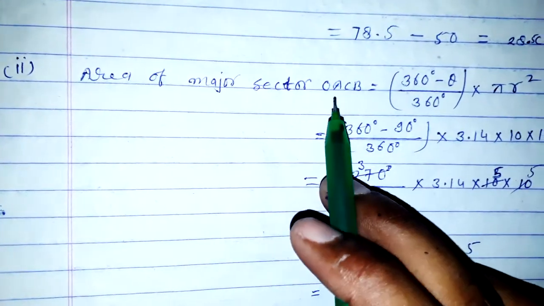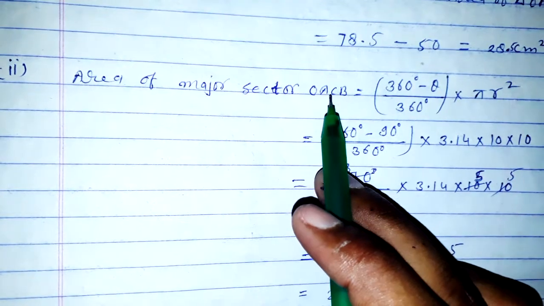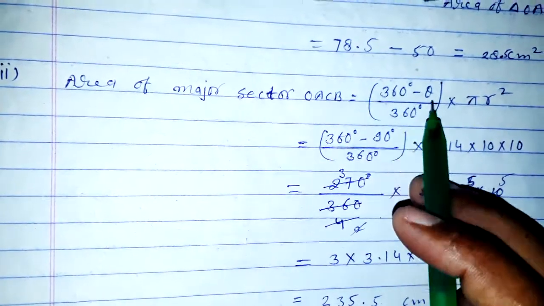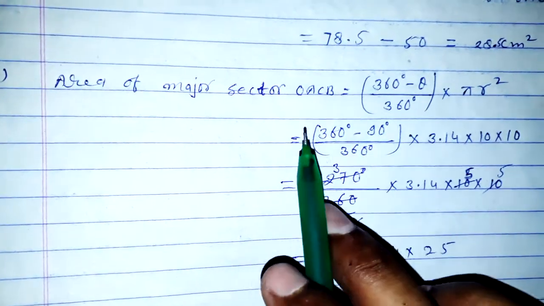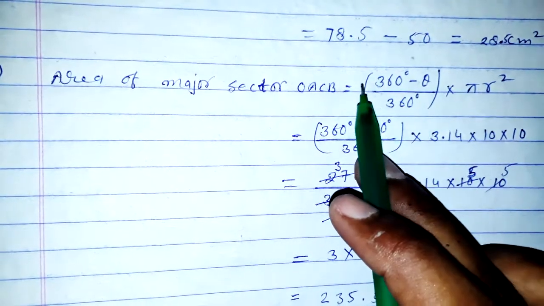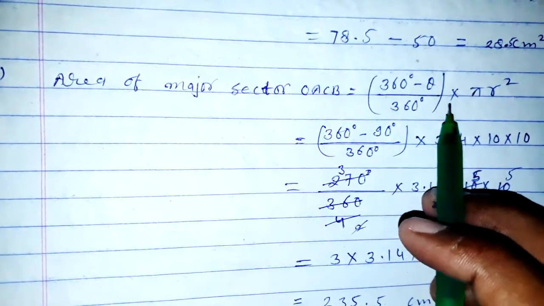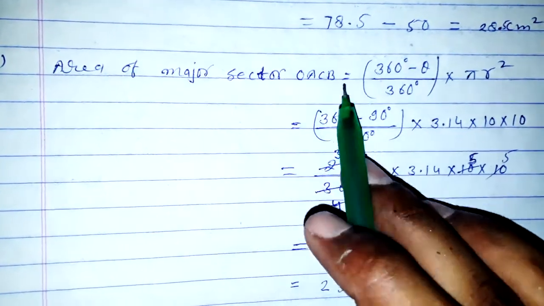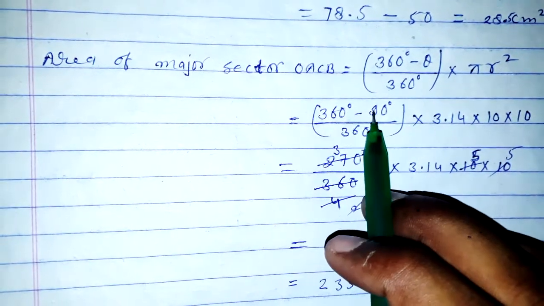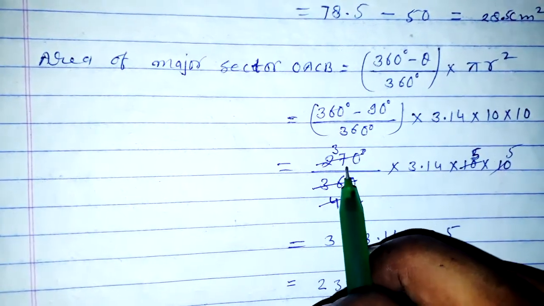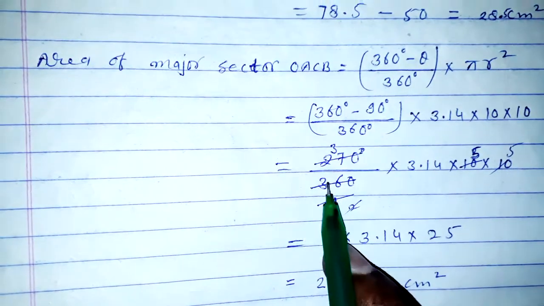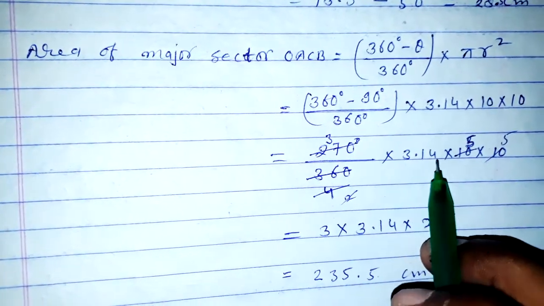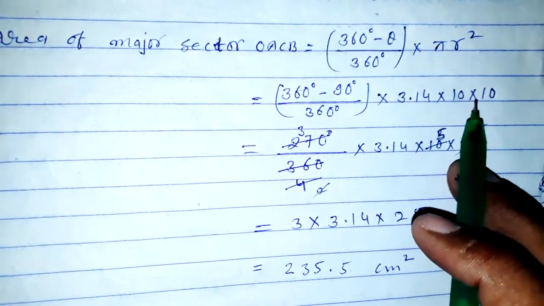Area of major sector OACB. This formula also we discuss. So 360 minus theta upon 360 degree into pi r square. So put the value of theta as 90 degree here. So this is 270 degree upon 360 degree. Pi is 3.14, also given.